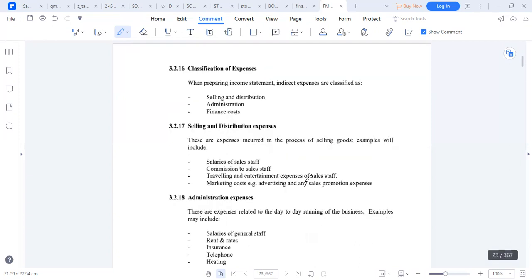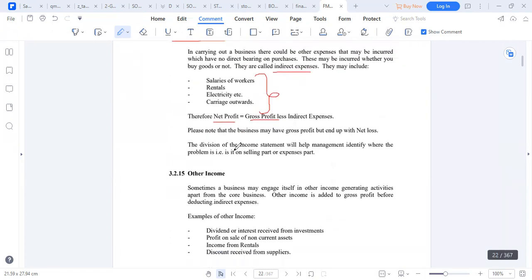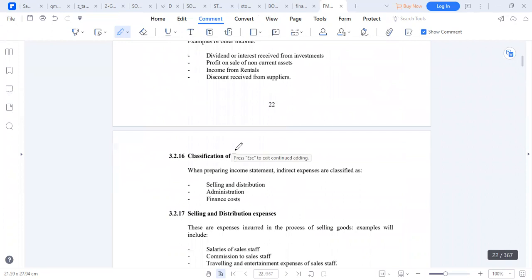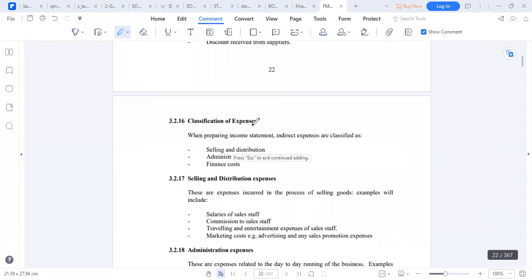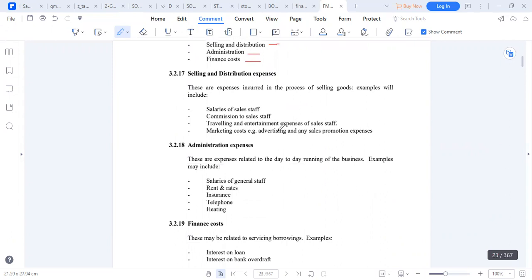Now, how does the structure look? Before I look at the structure, the expenses that are there are classified into selling and distribution expenses, administration expenses and financial expenses. Under selling and distribution expenses, we could have salaries of sales staff, commission, traveling expenses, the marketing of goods or advertising.